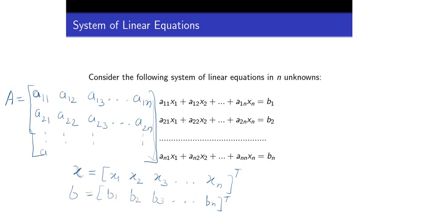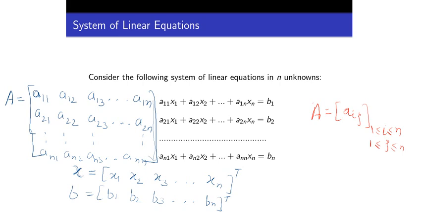The last row is An1, An2, An3, up to Ann. If I wish to write the matrix A in a compact form, we write A equals Aij, with 1 less than or equal to i less than or equal to n, and 1 less than or equal to j less than or equal to n, an n cross n matrix.